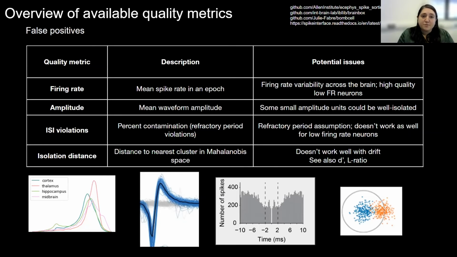You do have to be careful because if your neurons have drift, you might see the variance change across the recording in a way such that your isolation distance will be computed incorrectly or will not be fully informative. So you do have to be careful about that if you're blindly implementing it. There are also many other isolation distance metrics that I just don't have time to go into. You can compute the D prime, you can do an L ratio. There are a few others. These are all listed in the resources I'll list later on.